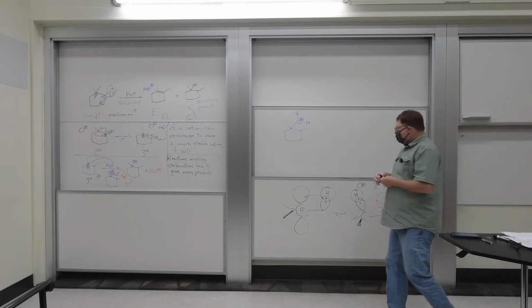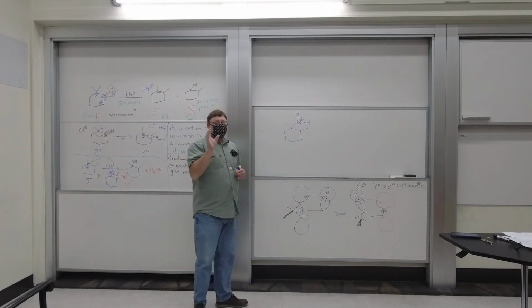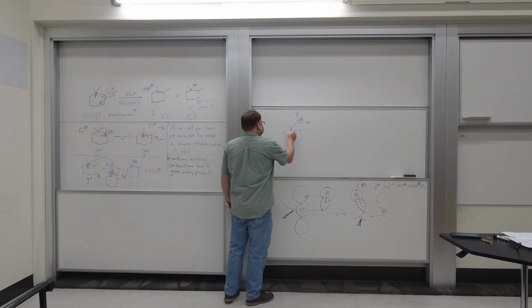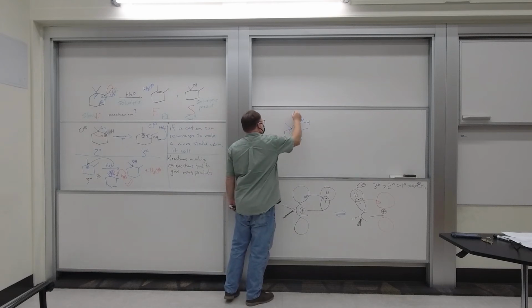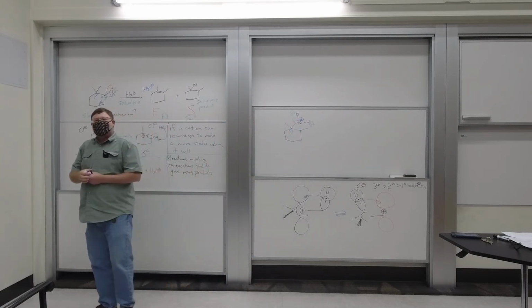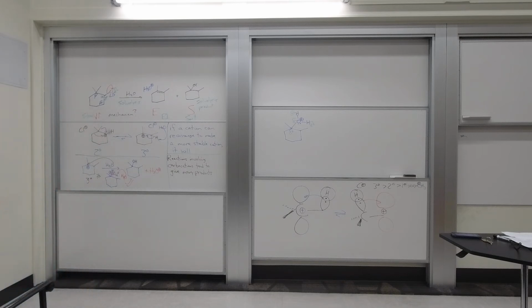But if I then asked you to draw the bond polarities, this is the thing that kind of creeps people out sometimes. If you think about the polarity of those bonds, it's still the same. If I just think about the 2 electrons in the bond, those electrons are more on the oxygen than on the other atom.